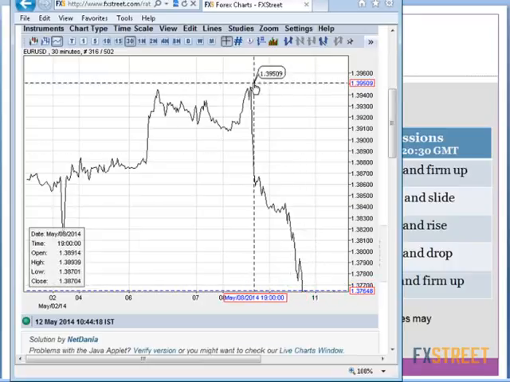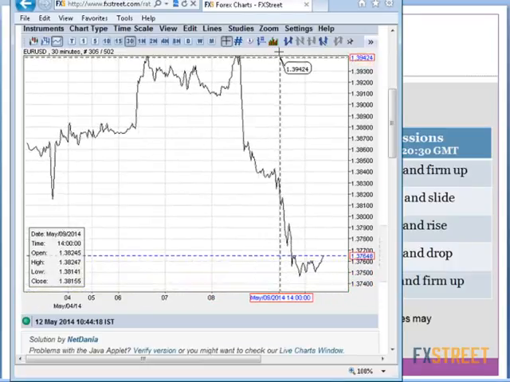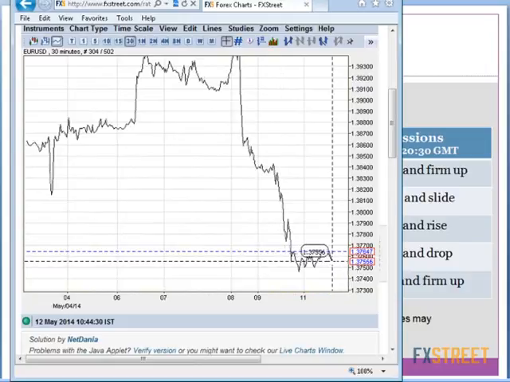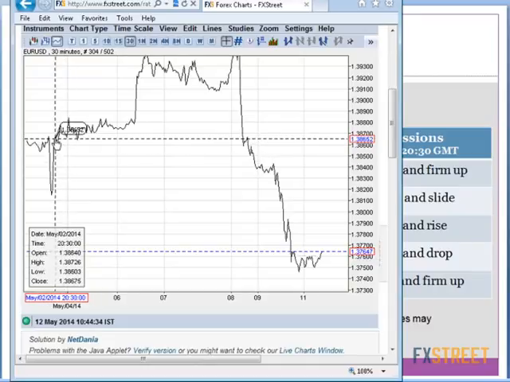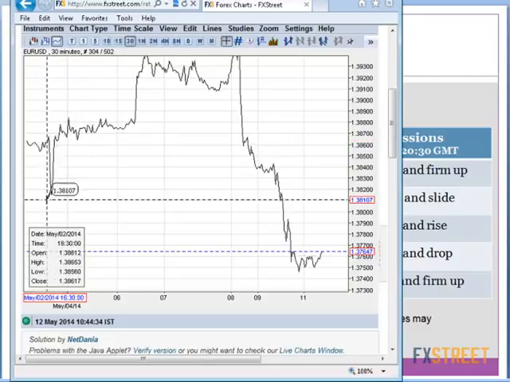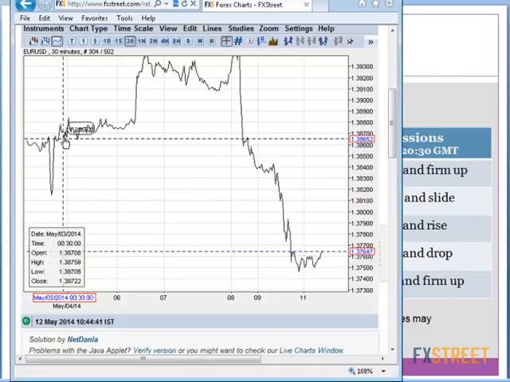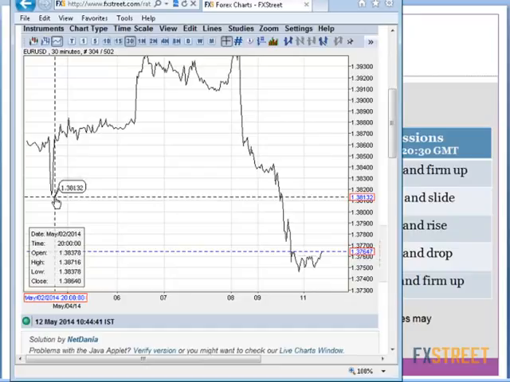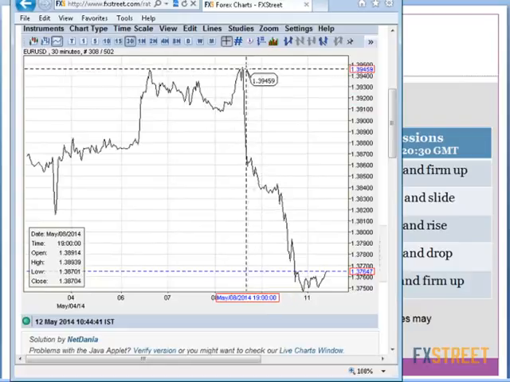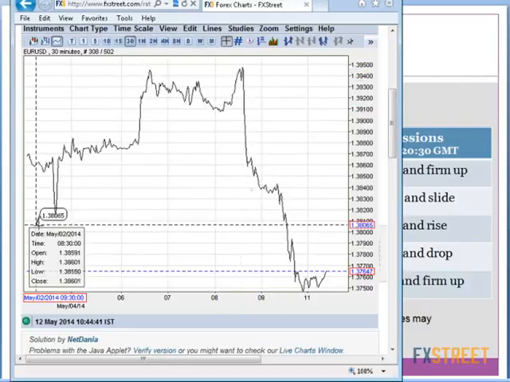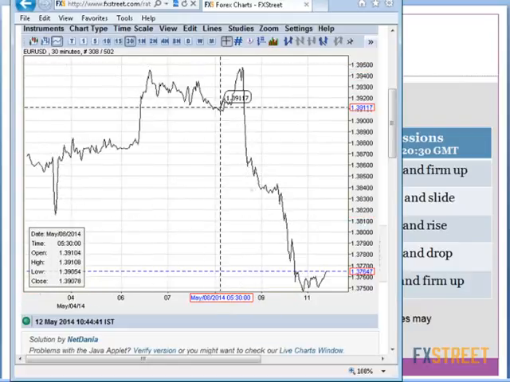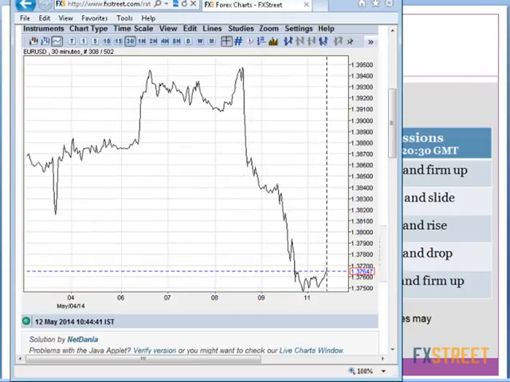From that 1.39, almost 1.40 to 1.3750, about 250 pips. Whereas such a big number as non-farm payroll showed only about a 65 pip drop in the case of euro. Whereas one sentence, which is nothing but a sentence, not actual data, made the market drop 250 pips.